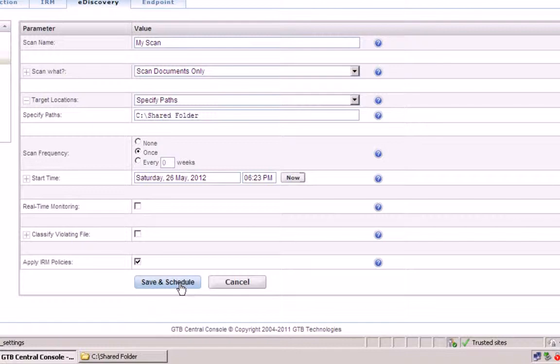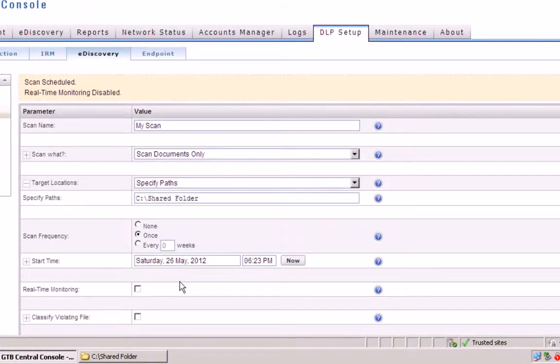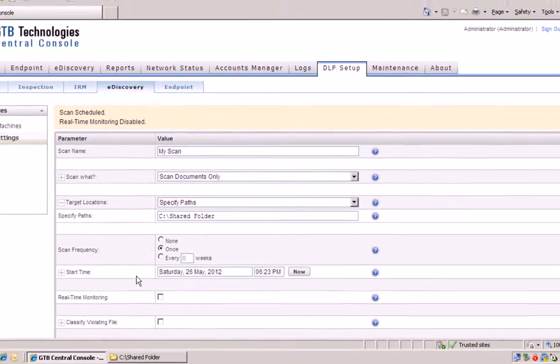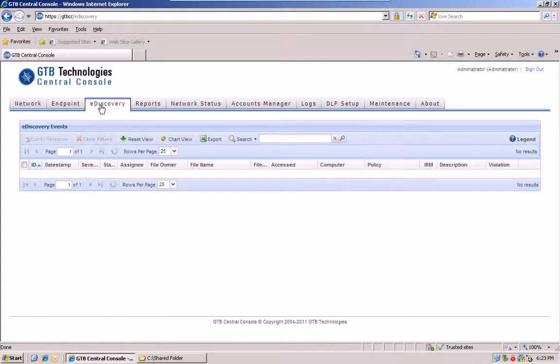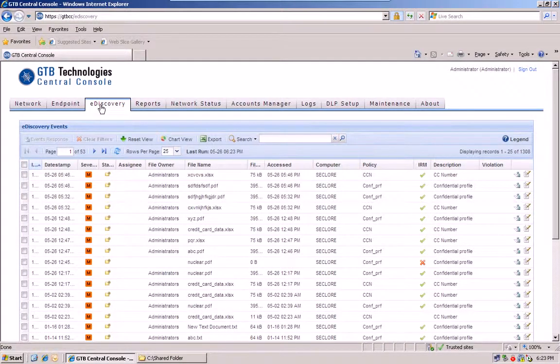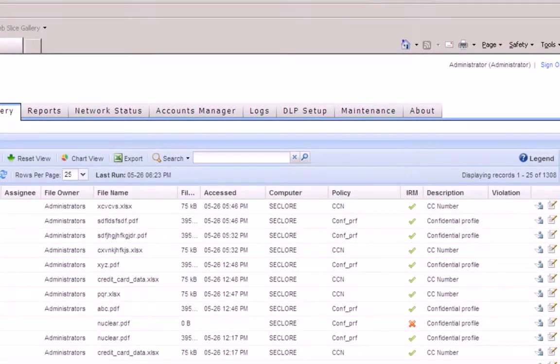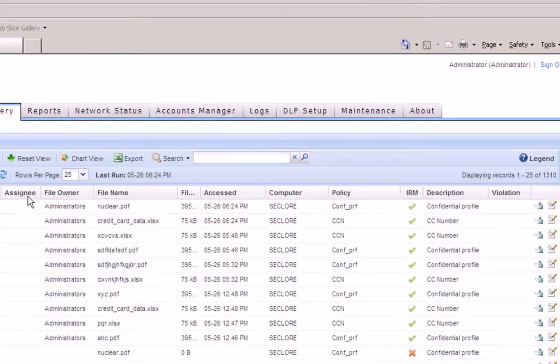So I'm going to run the scan now. The scan has started. Now let's go to the eDiscovery Central Console and see what happens when the document gets scanned. As you can see, in some time both the documents are going to get scanned. Now both the documents have got scanned.